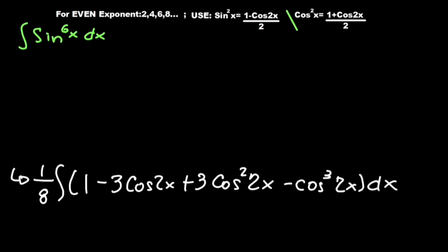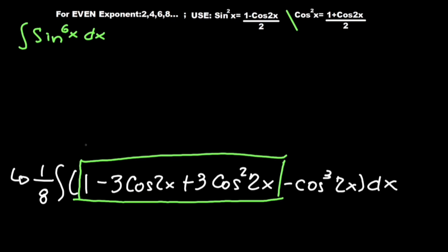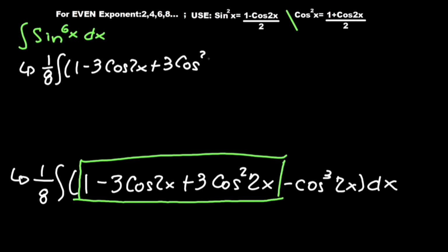Now first, let us try to focus on this one first. Let us just exclude this for the time being. So, if we are going to focus on here, this would be 1/8 integral of 1 minus 3 cosine of 2x plus 3 cosine squared of 2x dx.